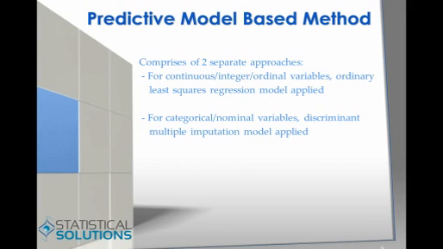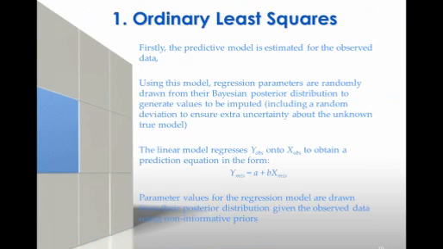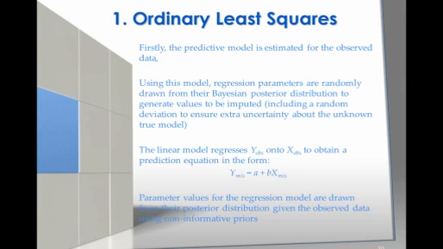I'll just run through those quickly now. Firstly, with the ordinary least squares regression model, the model is estimated on the observed data. Using this model, regression parameters are randomly drawn from their Bayesian posterior distribution to generate values to be imputed. This includes a random deviation to ensure extra uncertainty about the unknown true model.